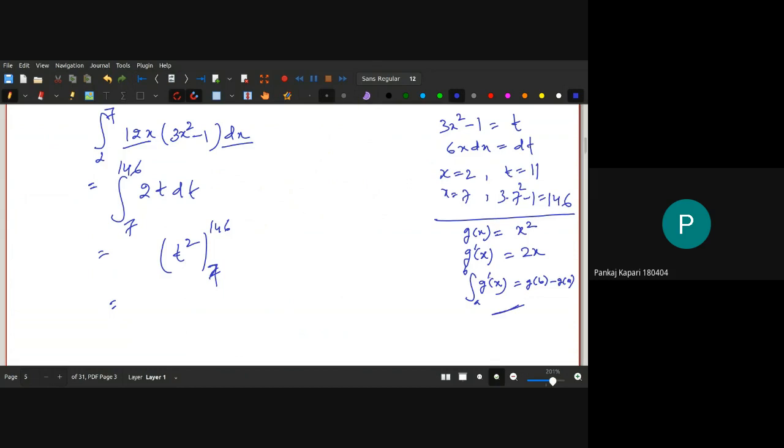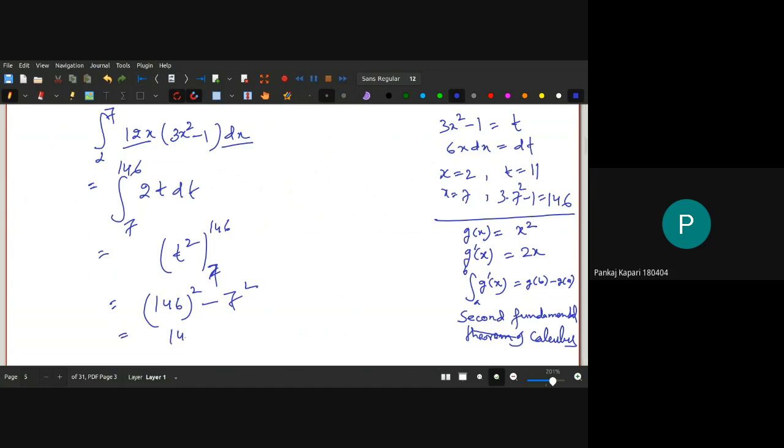This is the second fundamental theorem of calculus. Okay, so that's why you have 146 square minus 11 square, right?